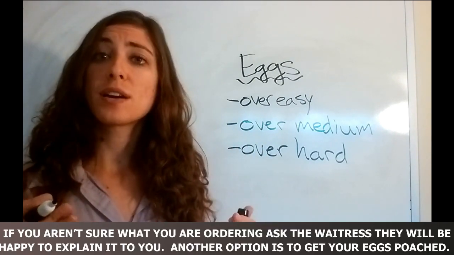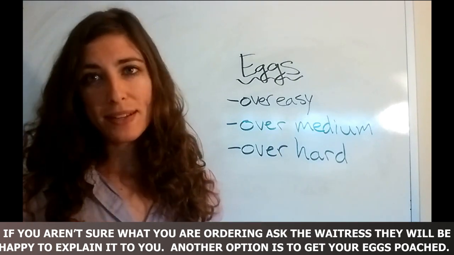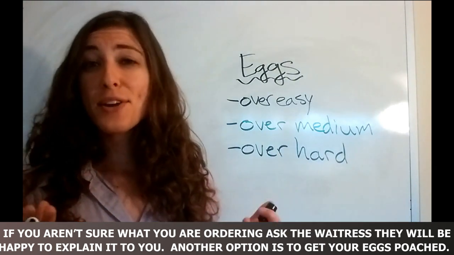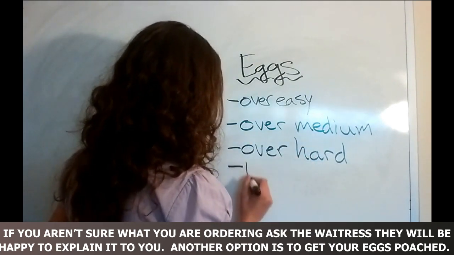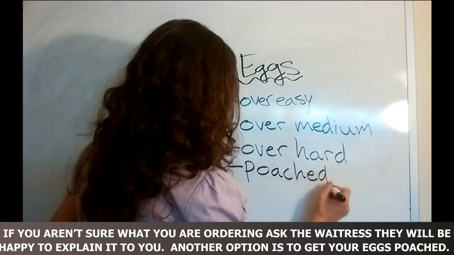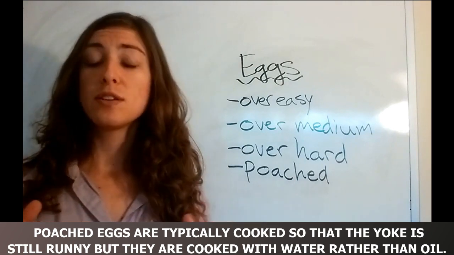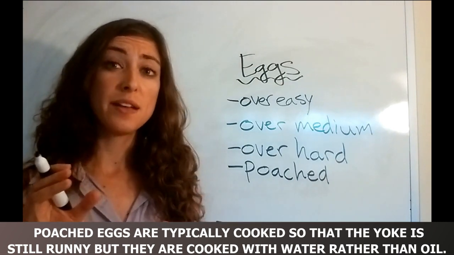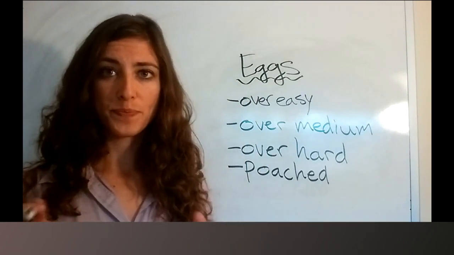If you are unsure what you're ordering, ask the waitress. They will be happy to explain it to you. Another option is to get your eggs poached. Poached eggs are typically cooked so that the yolk is still runny, but they're cooked with water rather than oil.